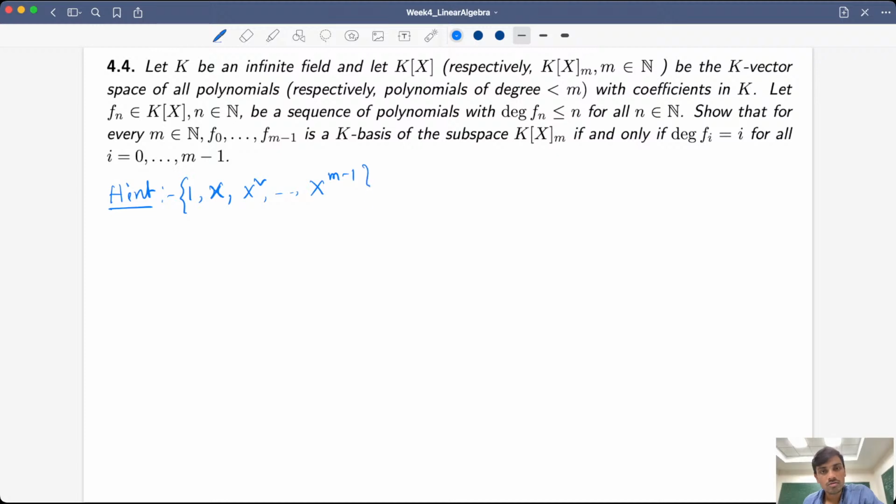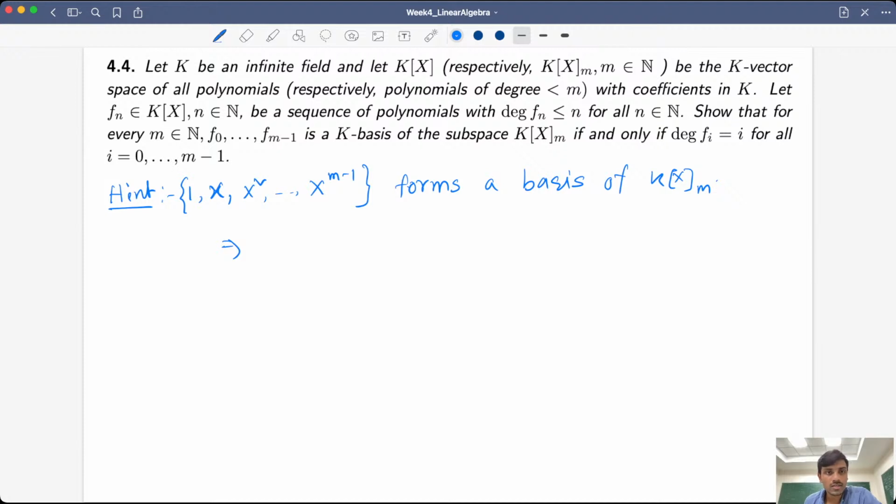This forms a basis of k[x]_m. And this forms a basis, so f0, f1, up to f_{m-1} belong to k[x]_m.